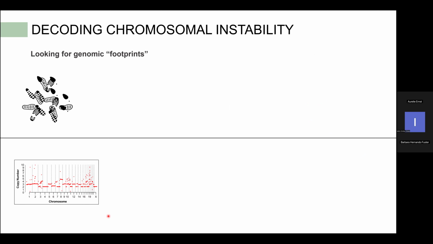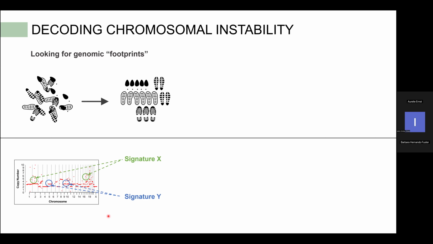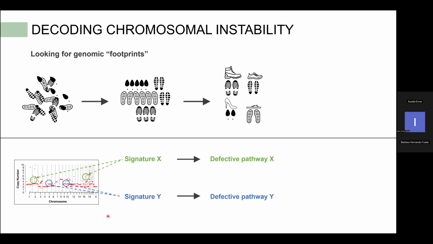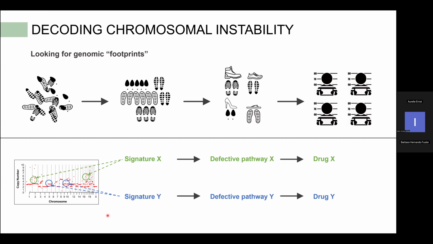We looked for these patterns of footprints in the genomes with extreme levels of chromosomal instability, and we decomposed them into signatures. And then these signatures can be linked to deficiencies in specific pathways that actually can inform about what is the best drug or the best treatment to tackle those complex tumors.